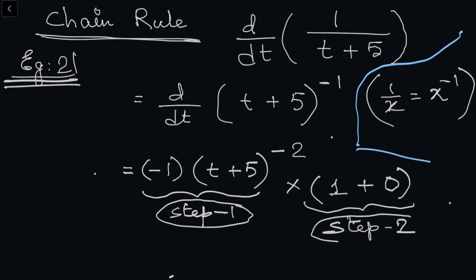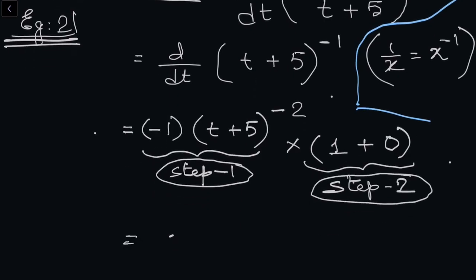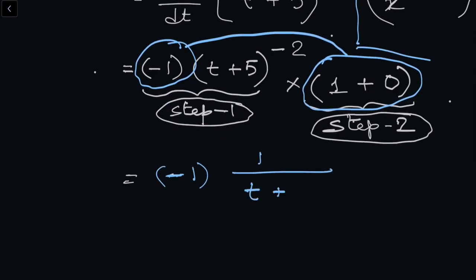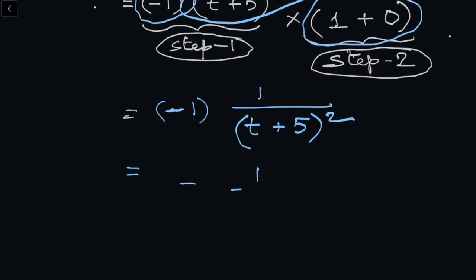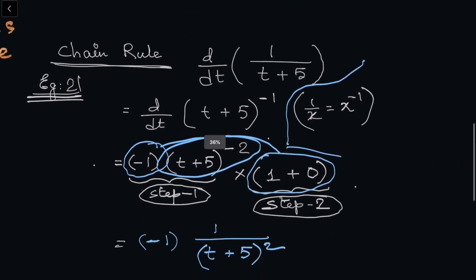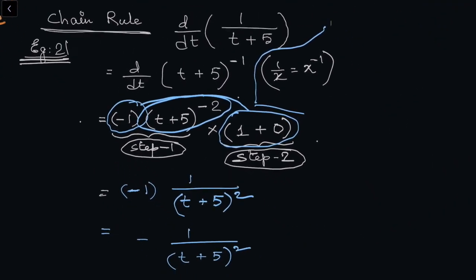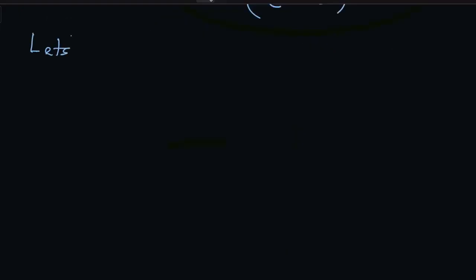So step 1 and step 2. So it would be minus 1 into 1, that is minus 1, and t plus 5 to the power minus 2, that means 1 by t plus 5 whole square. So this is the result, minus 1 by t plus 5 whole square. That is the result of this differentiation. So we are applying chain rule.